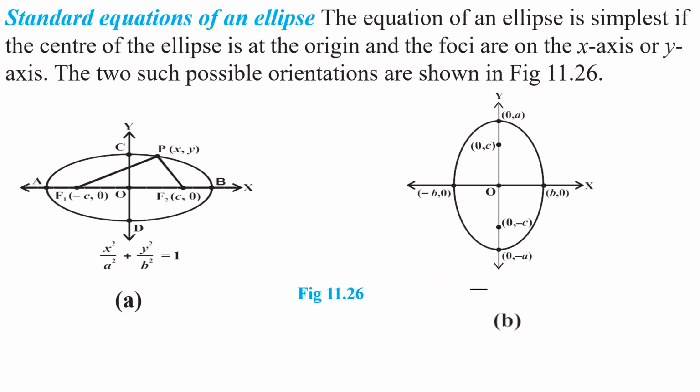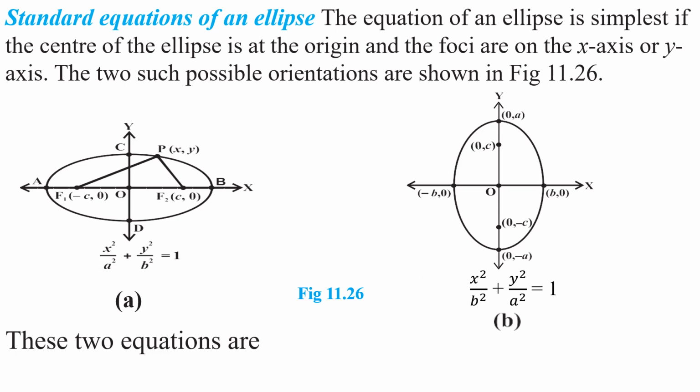Similarly, come to the second figure B: x square by b square plus y square by a square is equal to 1. If you observe this ellipse, the center is the origin, but the foci lie on the y-axis. In this case the equation is x square by b square plus y square by a square is equal to 1.